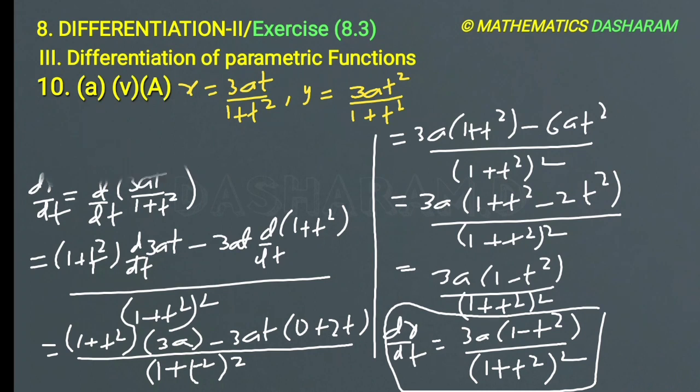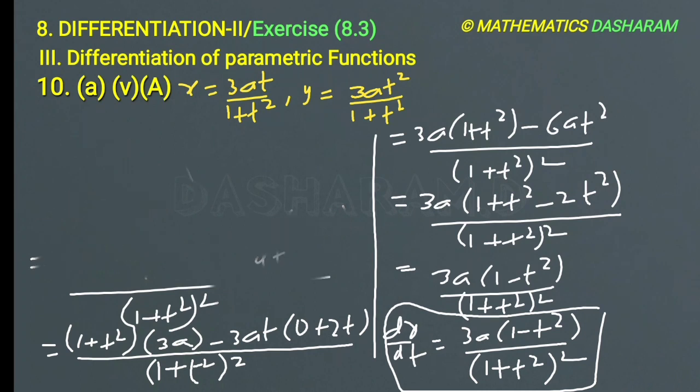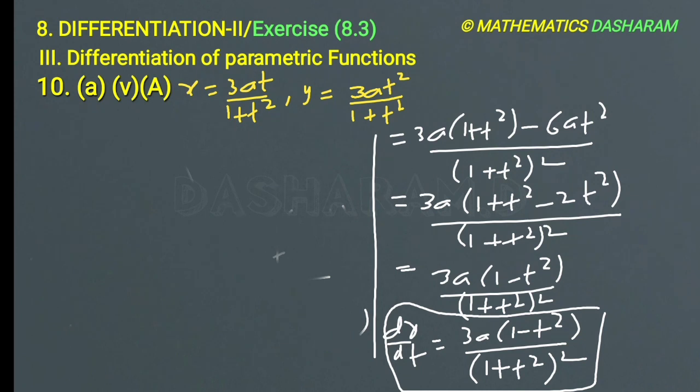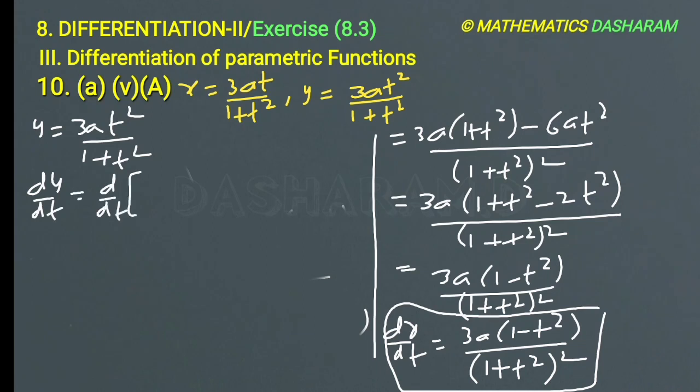So next another function, that is y equal to 3a t square divided by 1 plus t square. So dy by dt equal to d by dt of 3a t square divided by 1 plus t square.